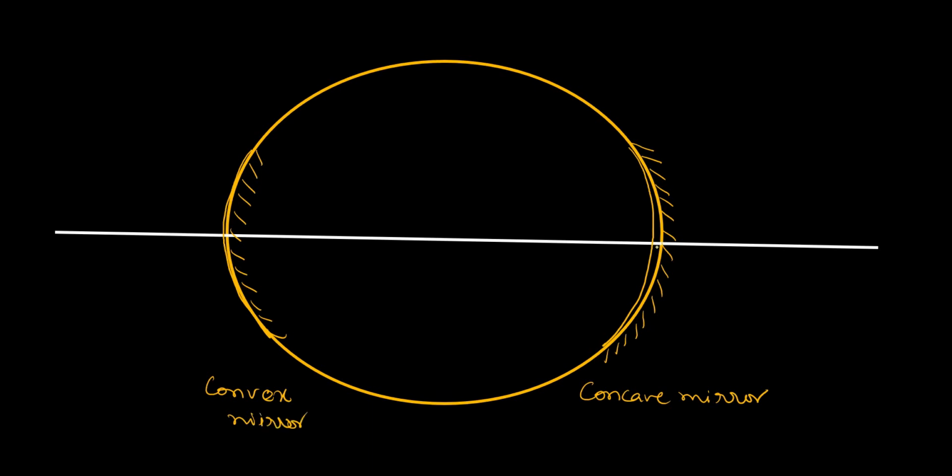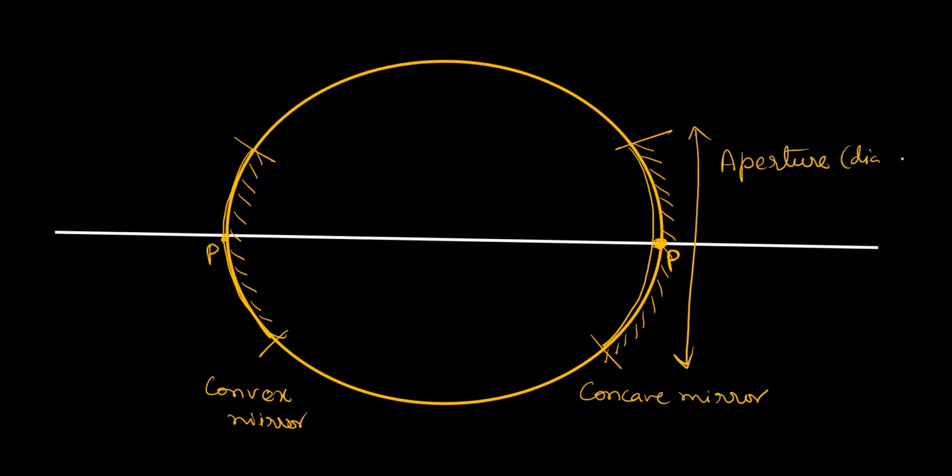The parts of the mirrors are: the center of the mirror is known as a pole, which is represented by the alphabet P. The diameter or size of the mirror is known as its aperture.